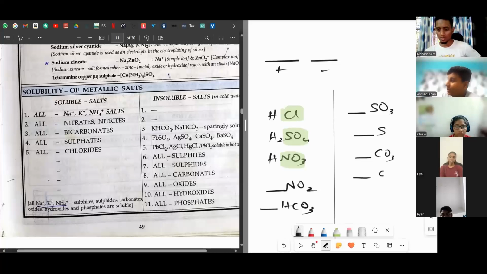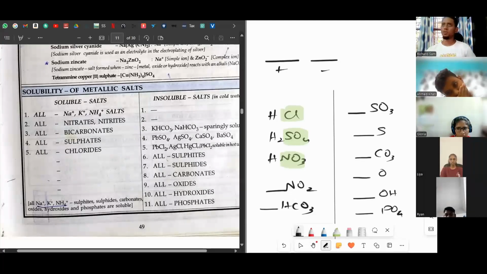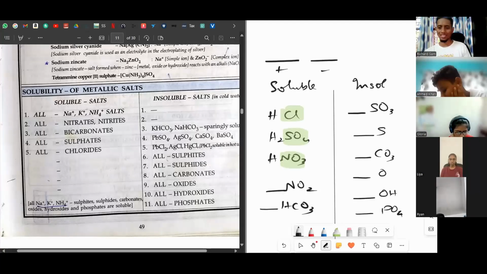Oxide is O, could be O2, O3, depending on the valency when you crisscross. And then hydroxide is OH. And phosphate is PO4. PO4 or PO3? Phosphate is PO4. So you can just make a list of these soluble and insoluble and learn them.